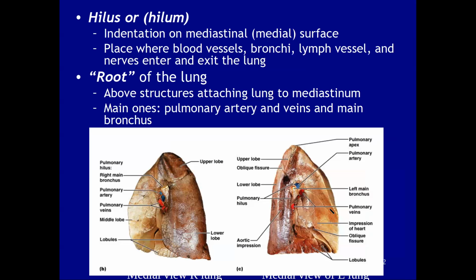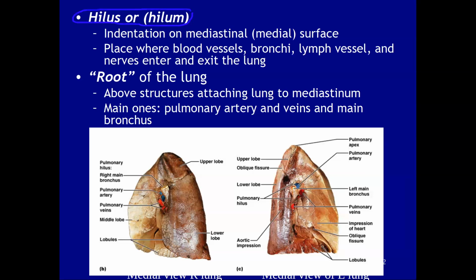Now, aside from the lovely lobes, I also want to mention this very important structure here in the lung. This is called the hilum or hilus. Now, the hilum or hilus is a term you'll see being used in more than one organ. For example, kidney, you're also going to see hilum.